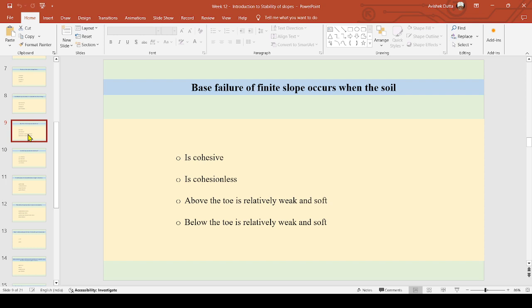This question requires the condition of base failure on a finite slope, and that condition is with respect to the quality of soil or the properties of the soil.